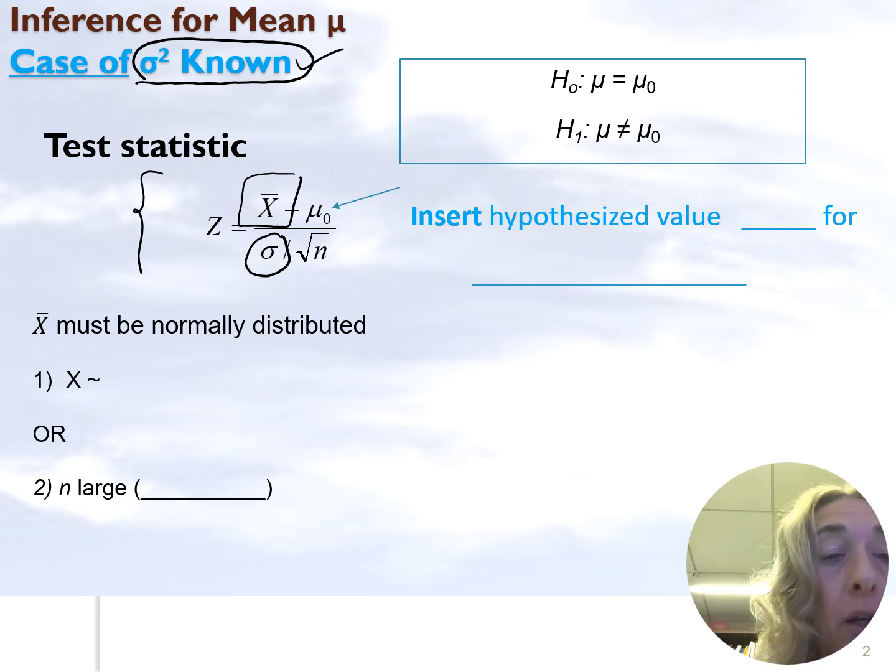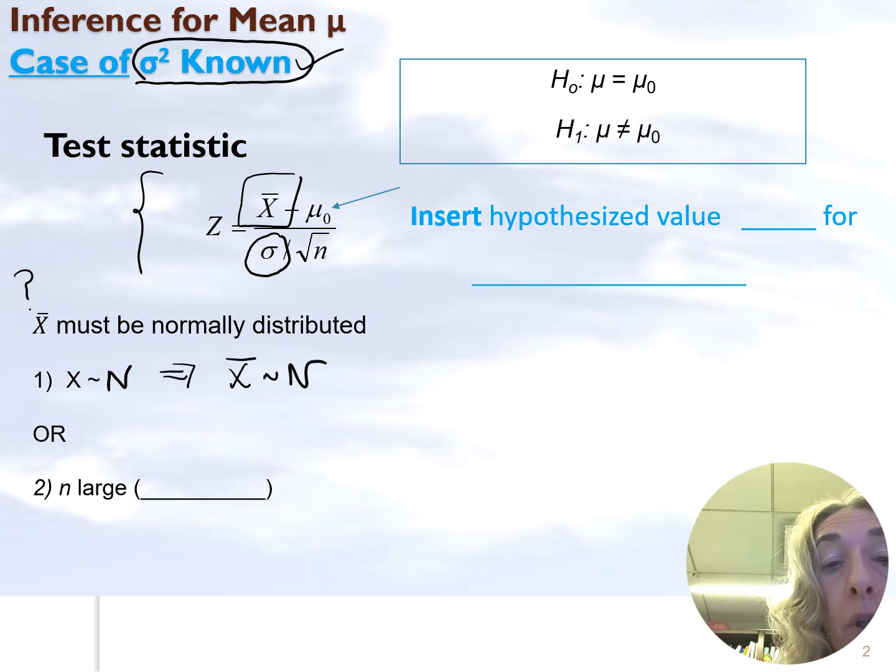But in order to use z, we must also know that our x bar is normally distributed. Under what cases will x bar be normally distributed? One of two cases. If our underlying population for x is normally distributed, then automatically x bar will be normally distributed.